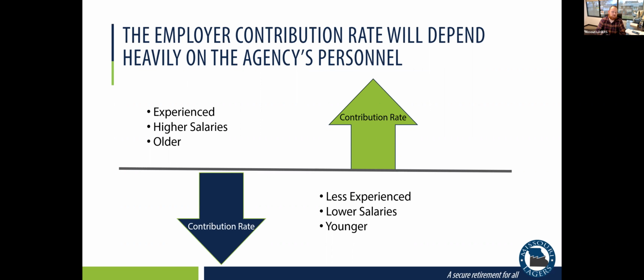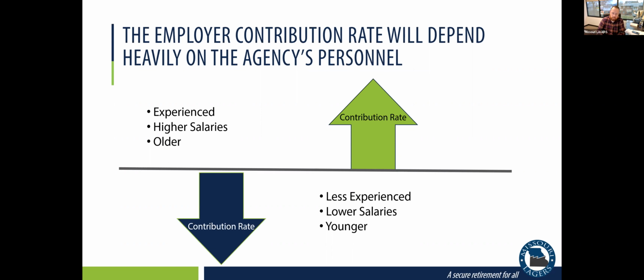Your contribution rates, generally speaking, are going to be higher if you have experienced, high salaried, and seniored employees. Okay, so if your employees are within 10 years of retirement, and when I say experienced, that means they have a lot of service credit, meaning their benefit's going to be large. They're a higher salary earner, and they're closer to retirement. Typically, that's going to trend your contribution rate north.